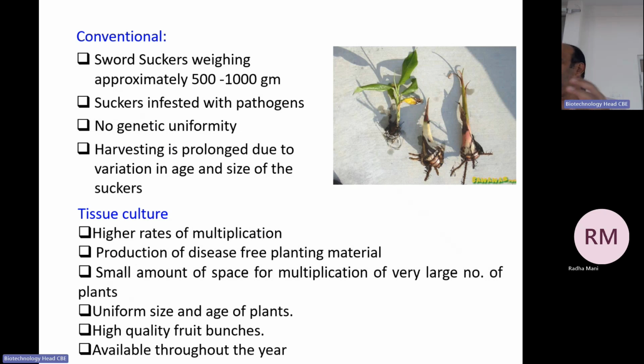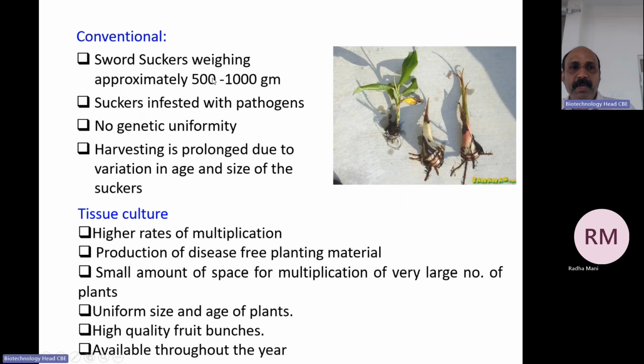So if we cut one leaf while it is growing, each hand will be reduced. If we cut one leaf, one hand will be reduced. So we should not cut leaves from these plants, as they are for fruit production. Mostly for the leaf, they use this type of plants or suckers.